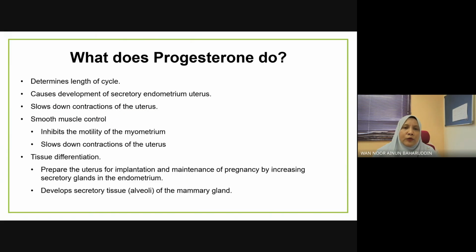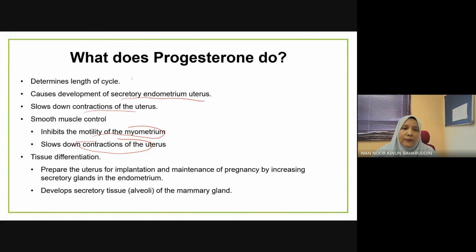Actually, progesterone will determine the length of the ovarian cycles, cause the development of secretory endometrium of the uterus, and slow down contraction of the uterus. Smooth muscle control will inhibit the motility of the myometrium and slow down the contraction of the uterus.